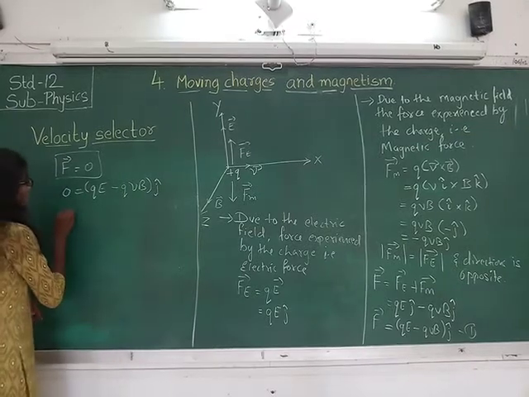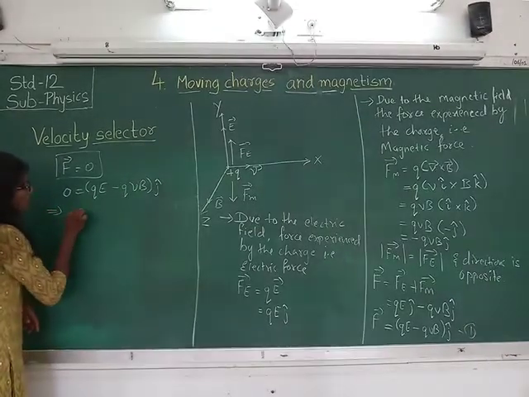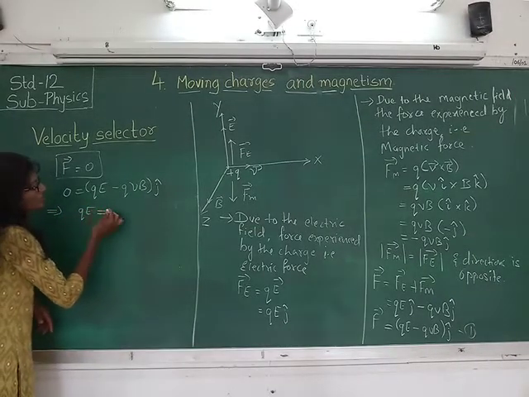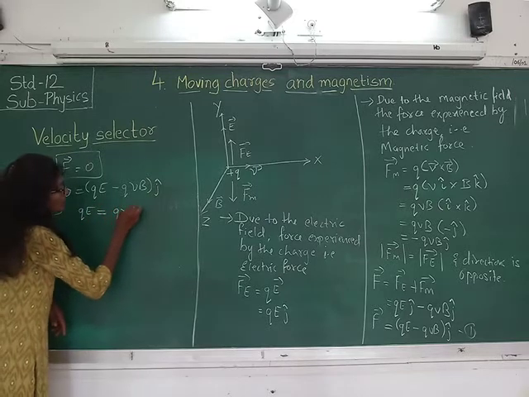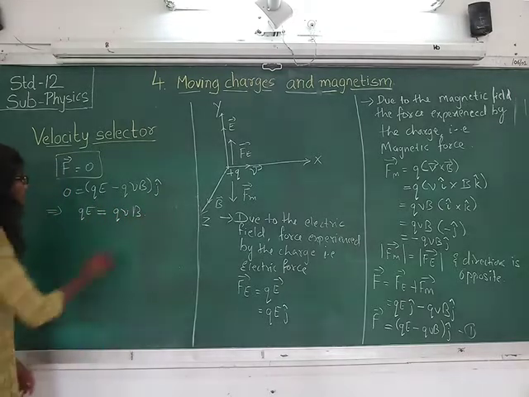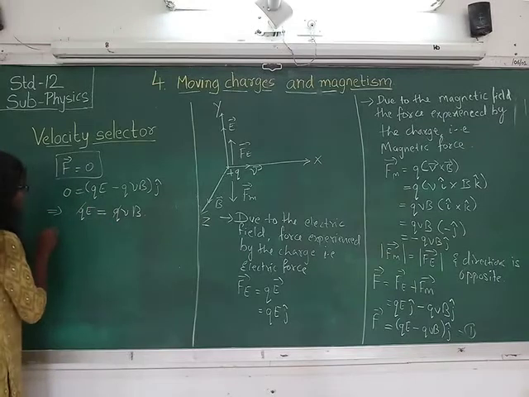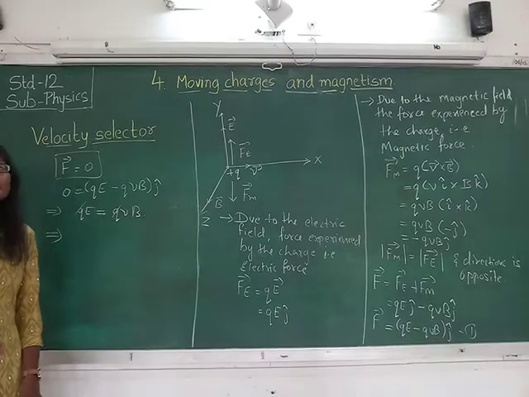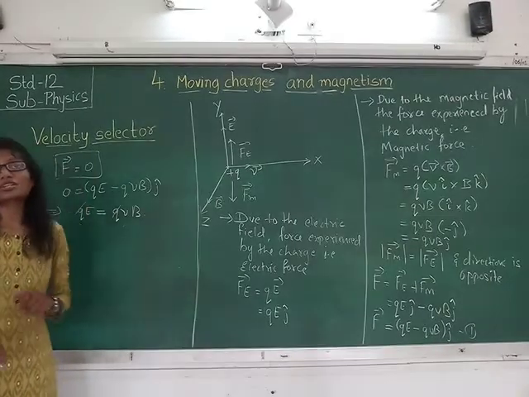So this equation becomes QE equals QVB, right? So Q gets cancelled, and here we need to find the particular velocity of the charged particle.